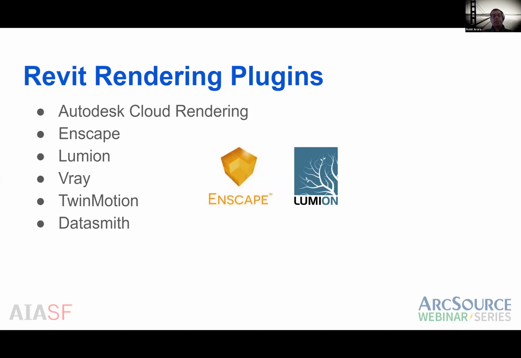You can look into the Enscape plugin. Lumion is another one, which does a good job. Again, most of them, other than the cloud rendering, do need a high-end graphics card available to you. So you may have to figure out a way of doing this on a high-end machine in your office, or if you have one at home, that's good for you.